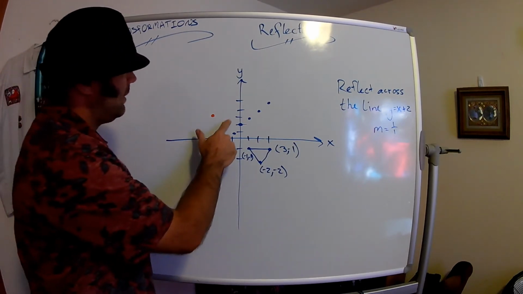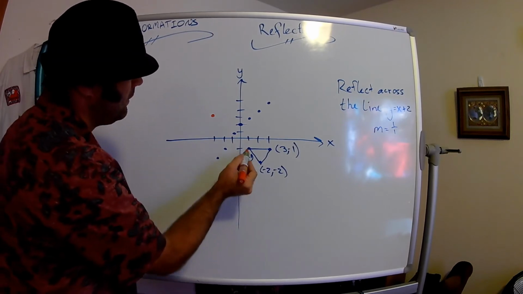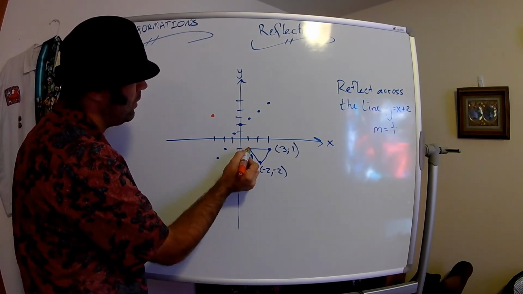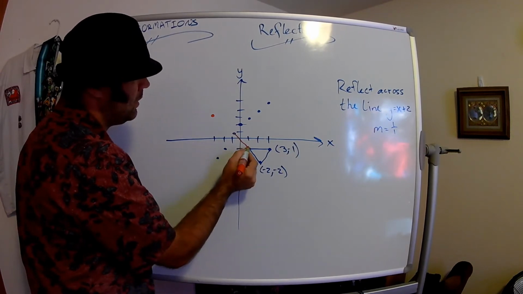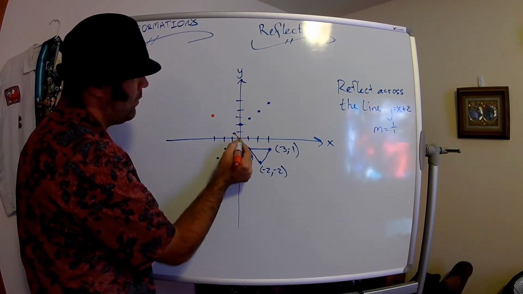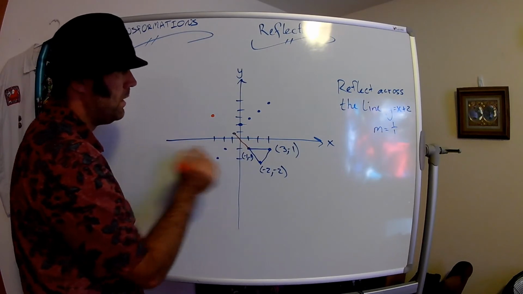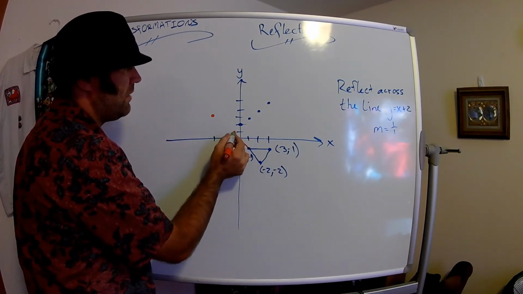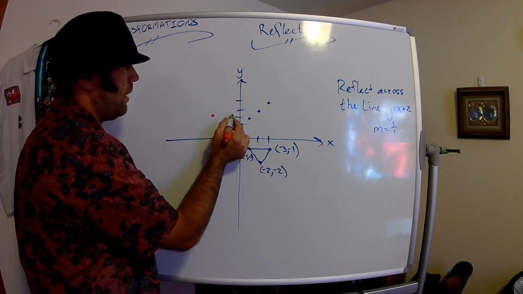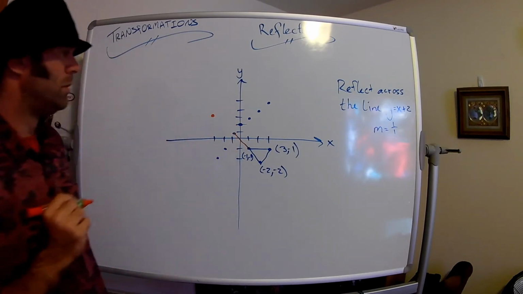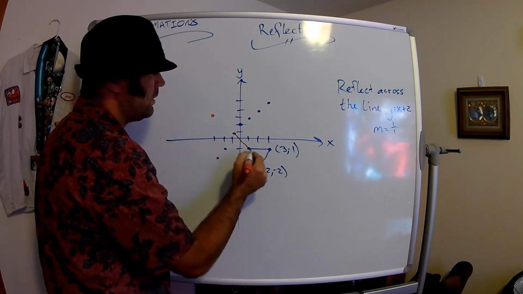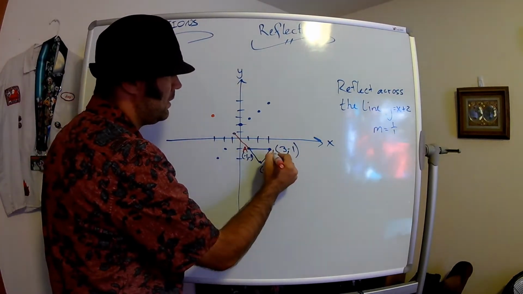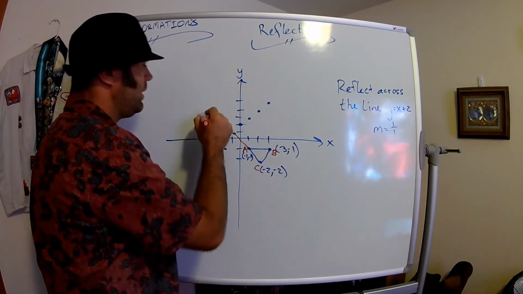But in fact, to get to the line, it took up 1 over 1, up 1 over 1. So it took up 2, left 2 to get here. So we're going to go up 2, left 2 to keep going. Okay? And let's go ahead and name these A, B, and C.